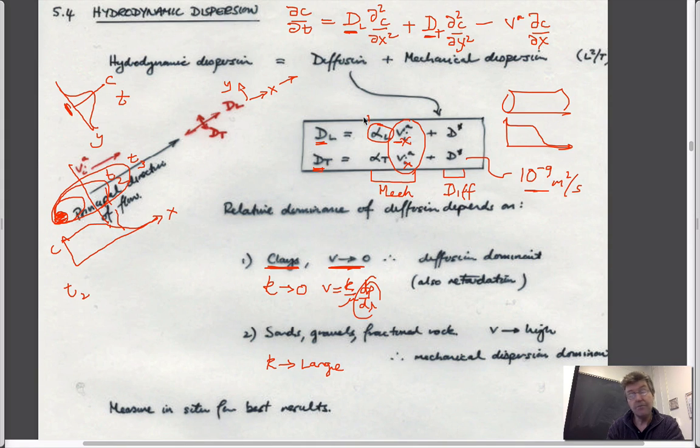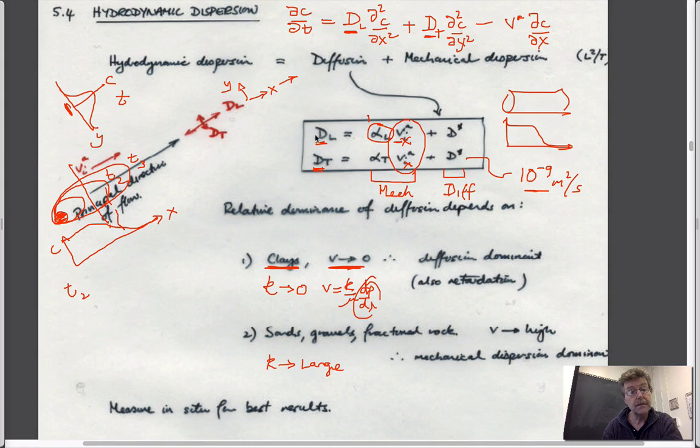These terms might be meters, tens of meters, hundreds of meters, and so if you have a moderate size of a velocity in here, then these terms can be larger so that they swamp these ones, in which case the flow will be dominated completely by mechanical mixing. And we can use the same expression to represent this.